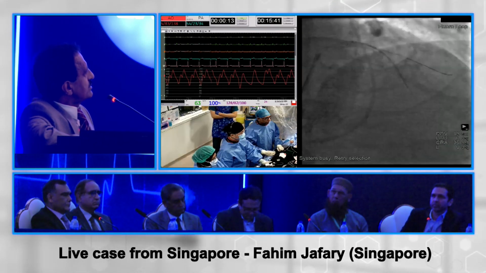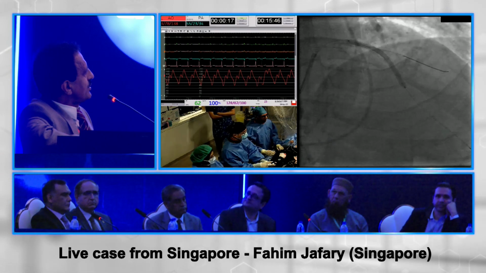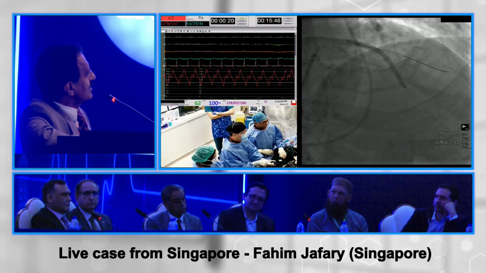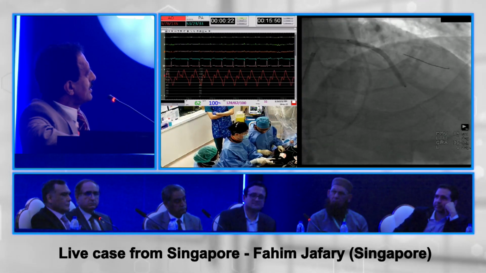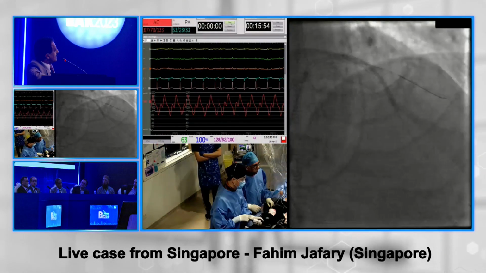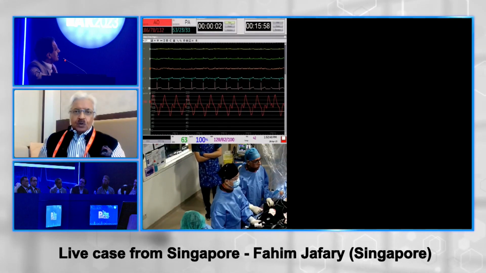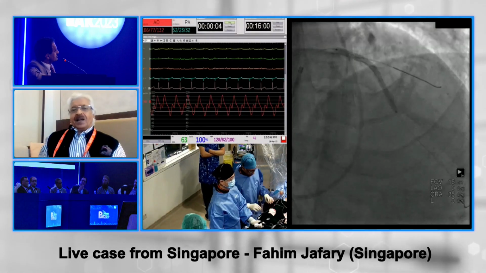Ashok, what's your comment about leaving the jailed balloon in the side branch? Do you use it quite often or not, what are your views? I don't use it quite often, and whenever I use it, I make sure that my balloon length is such that it protrudes out from the proximal end of the stent.